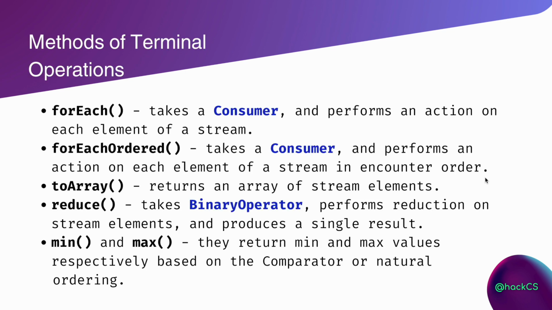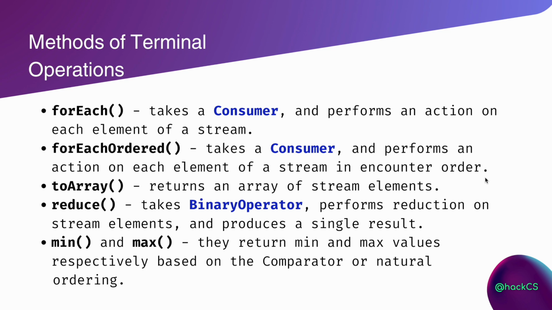Moving forward, let us understand the methods of terminal operation. As we have discussed earlier, intermediate operations are of no use unless they are attached to a terminal operation. Here you could also see that we have used consumer and binary operator, which are functional interfaces.